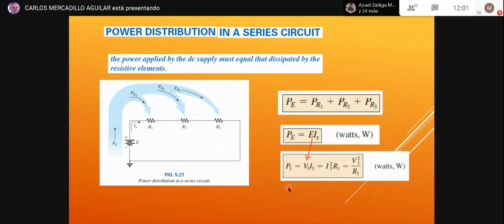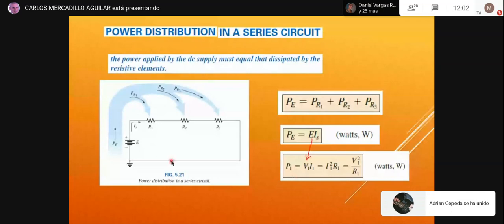And then we will have another two forms. This formula is the same formula. And as in the video, they're calling I1, I2, and I3.